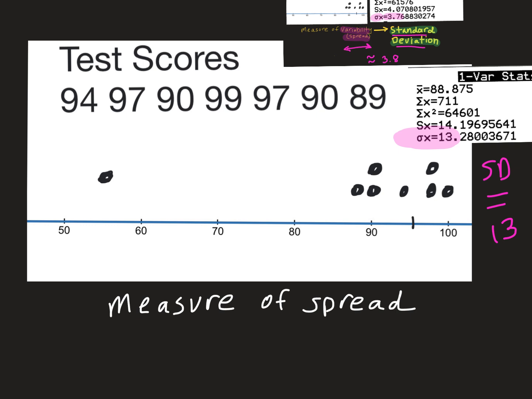So it's a lot more spread out because you've got that outlier that's all the way down here. Our goal when we're trying to figure out how spread most of the data is, is to get a good idea of how spread most of the data is. And most of the data is up here.